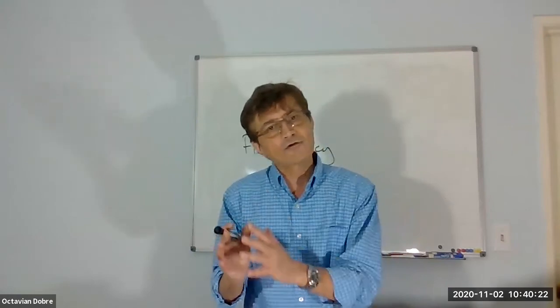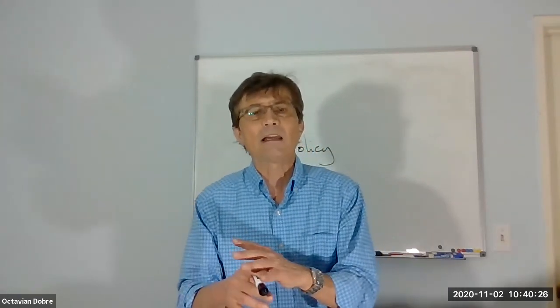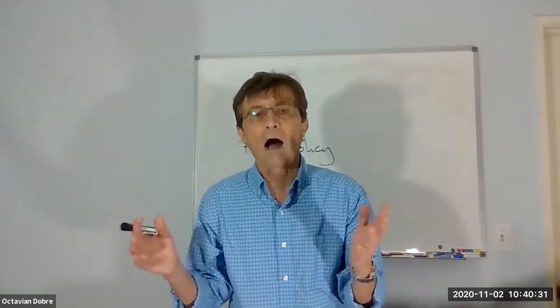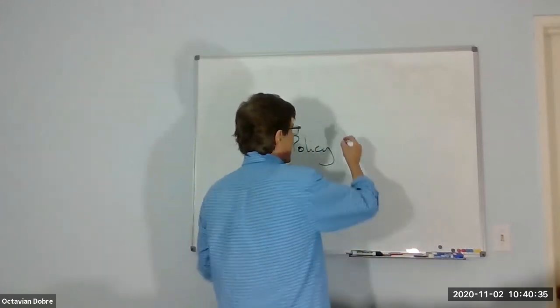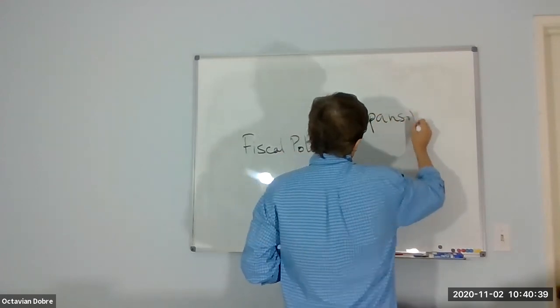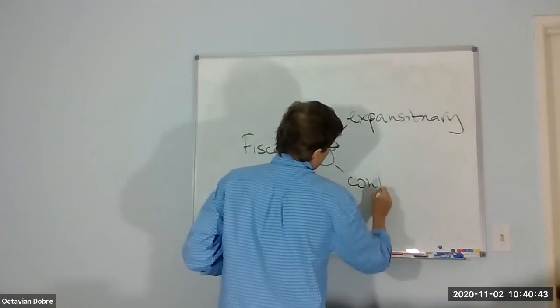The other one is contractionary fiscal policy, and that's when the economy is operating beyond full employment, when the economy is too hot for its own good. So expansionary and contractionary.